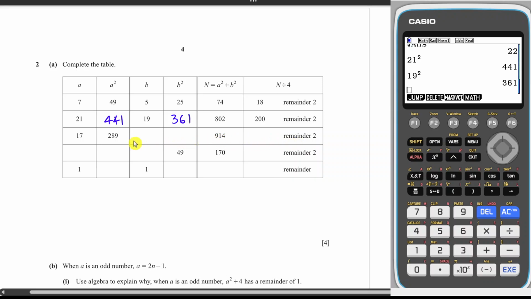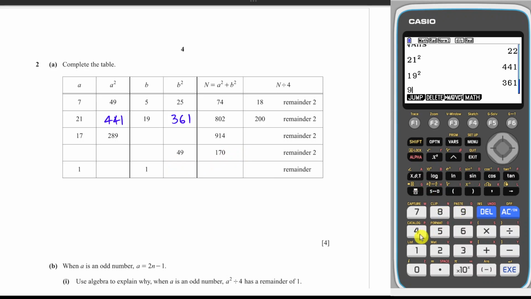Okay. Similarly, 289 and this is 914. So 914 minus 289 gives me 625. Square root of 625 is 25. And 914 divided by 4.